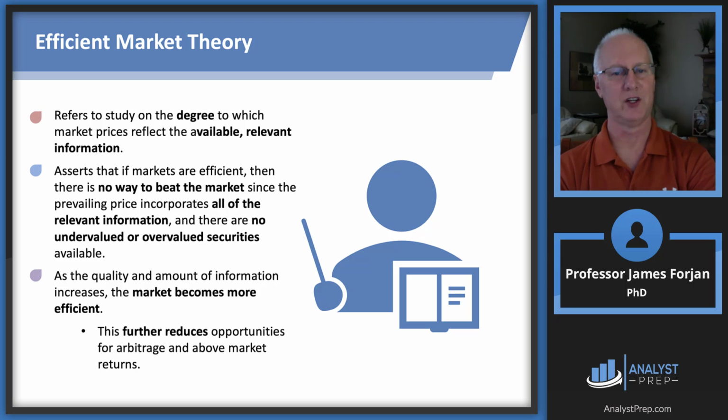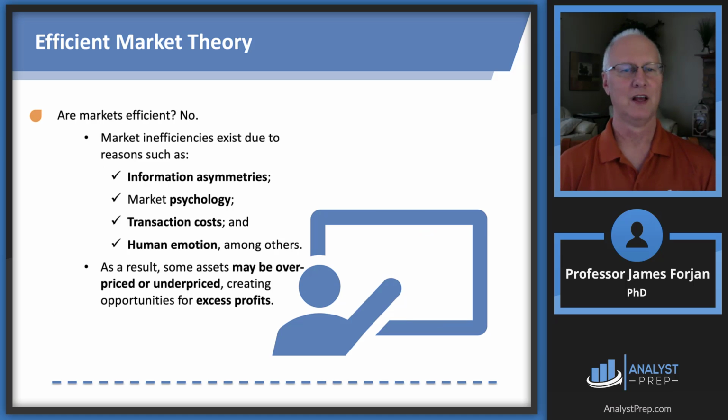And then we're efficiently pricing that information. So look at the bottom there. There are no undervalued or overvalued securities. Finally, as the quality and amount of information increases, the market becomes more and more efficient, which means the arbitrage opportunities are in fact wiped out. All right, so that's the efficient markets hypothesis.